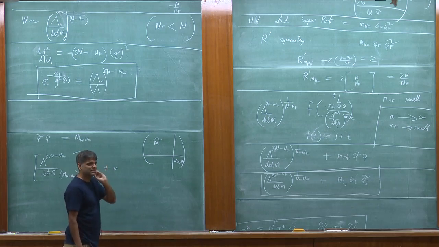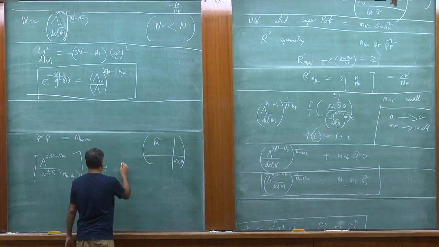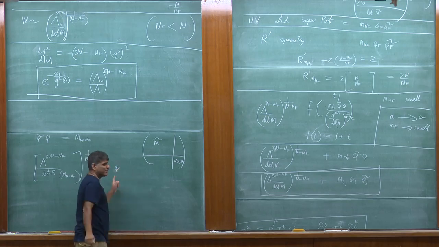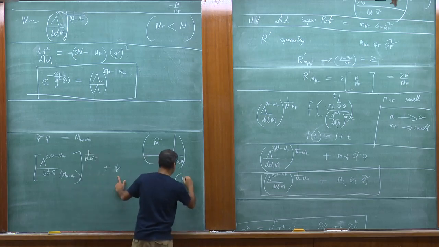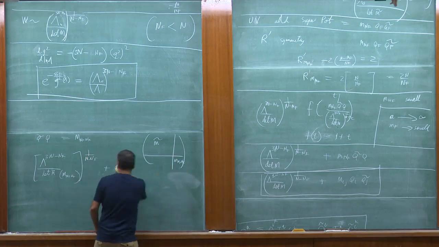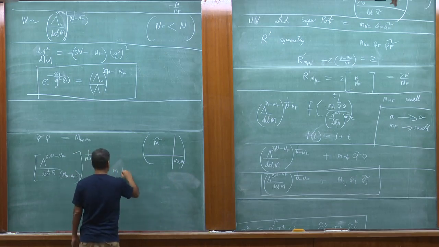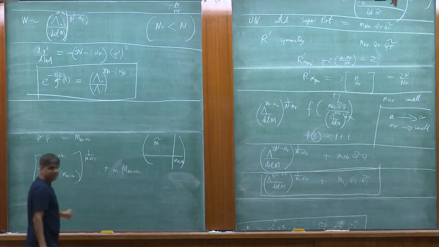Let me call it Q. Okay, so m nf, the mass. And let me just drop the nf. Let me just call it m, little m. Okay? So it's m times m nf nf. This was a superpotential. Is this clear?